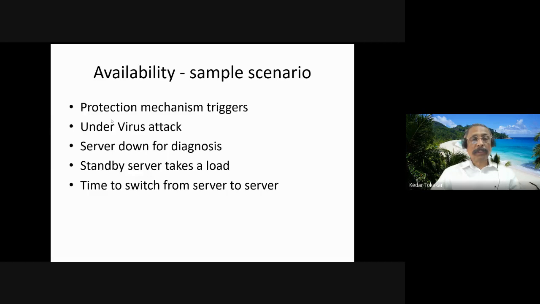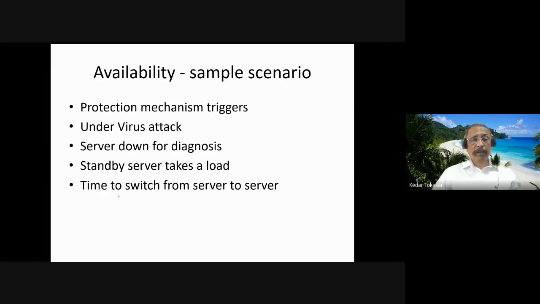The system response can be that the server is brought down for diagnosis, because the worm has entered the system and is creating a problem for us. So the server is brought down for diagnosis, and the standby server takes the load. It's a response which has been given for the stimulus.